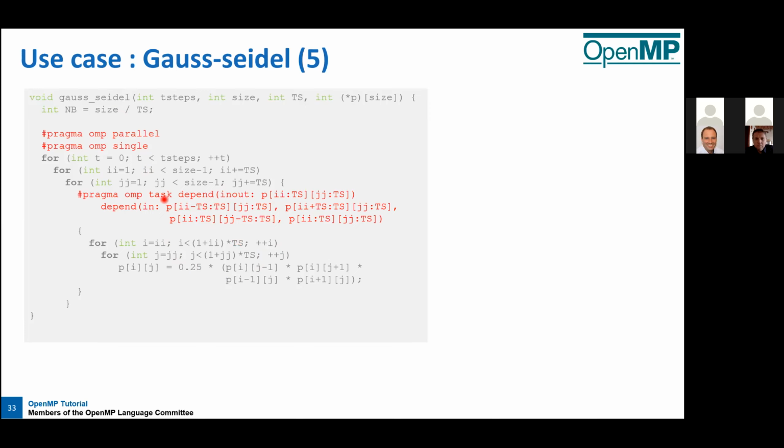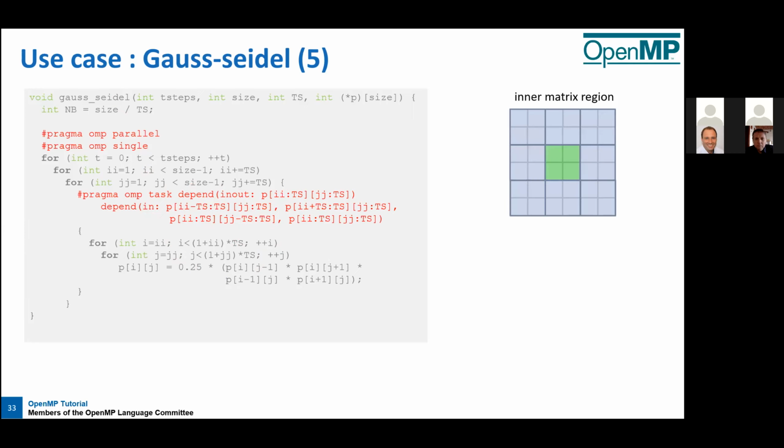And for each of the tasks, we record what the data dependencies are. So the current block is being read and being produced by reading these 4 blocks. And if you look at this, the first dependency is this green block, the middle one, and the input dependencies are those 4 blocks up, down, left, and right.